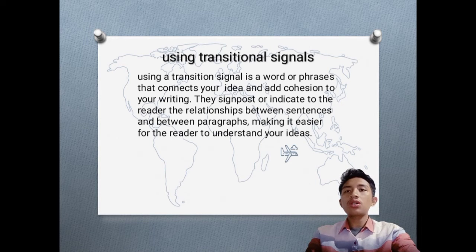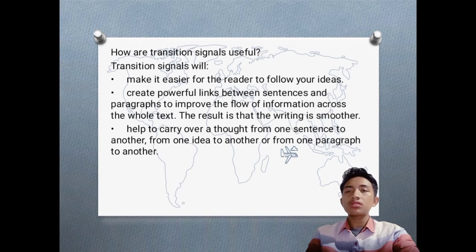So, how are transition signals useful? Transition signals will make it easier for the reader to follow your ideas. They create powerful links between sentences and paragraphs to improve the flow of information across the whole text.